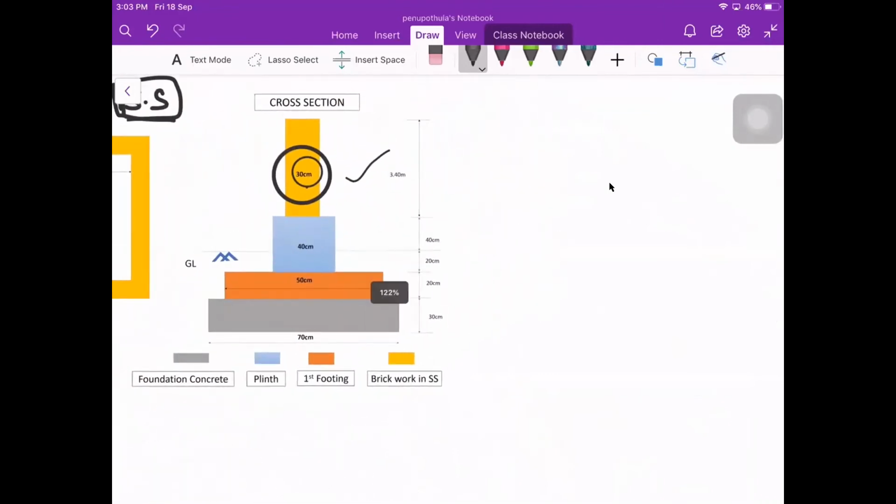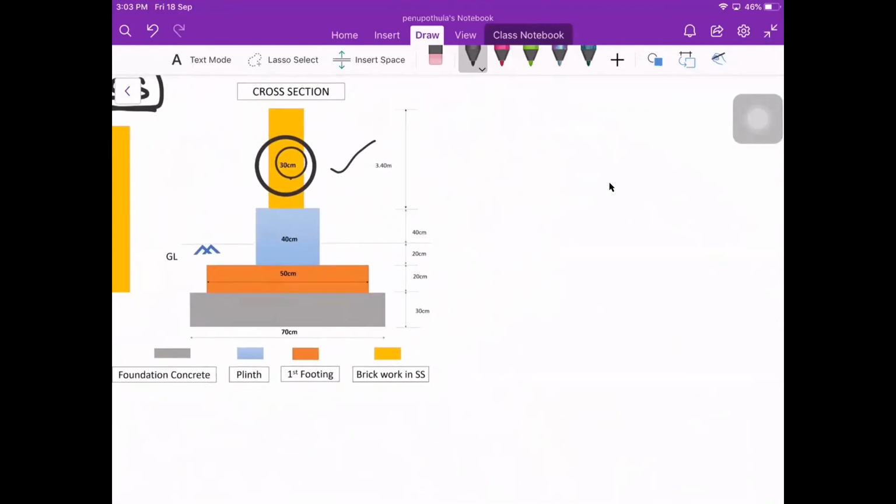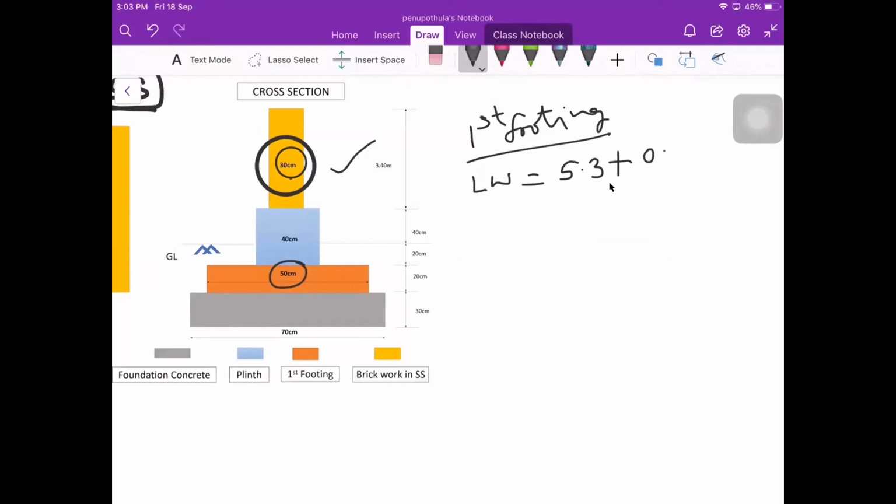So for example, if I want it for the first footing, long wall: length of long wall is equal to the center to center line length, 5.3 meters, plus half width on one side plus half width on the other. Width is 50 centimeters. So 0.5 by 2 plus 0.5 by 2. Done.